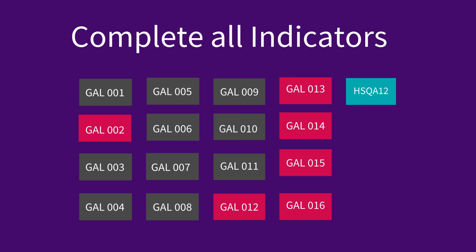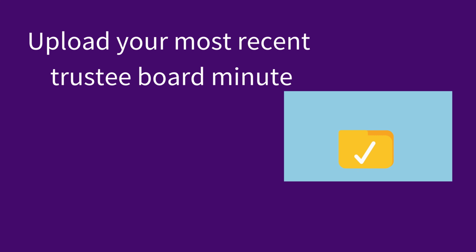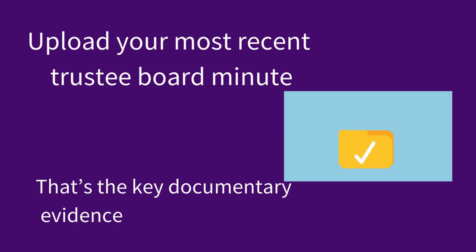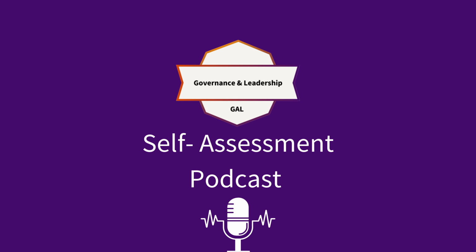So all the way through from GAL 001 through to 016, plus the indicator HSQA 12, because one of the things we look for is the thoroughness of the self-assessment and that you have self-assessed against each indicator. And finally, just make sure you also upload your most recent trustee board minute, because that's the key documentary evidence that we're asking you to submit. They are my main tips, Yvonne.